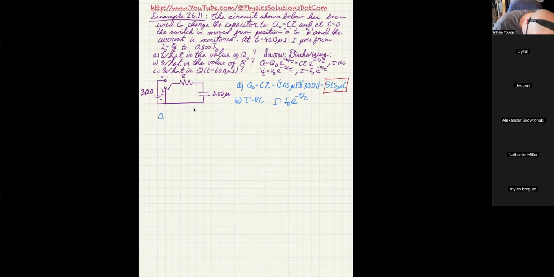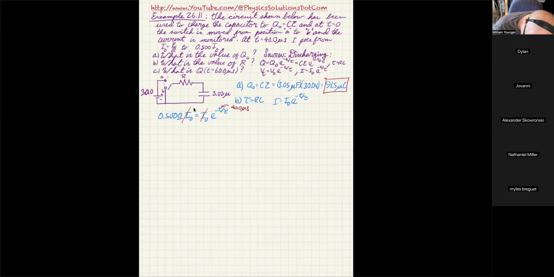So I'm going to write 0.5000 I0 is equal to I0 e to the negative t over tau. And you can see again the I0s cancel out. What this tells us is what we can find tau to be, because we know up here this t is 40.0 microseconds.